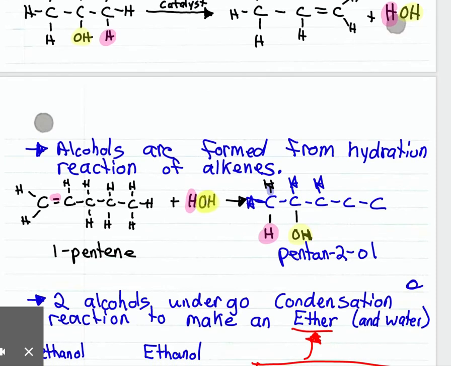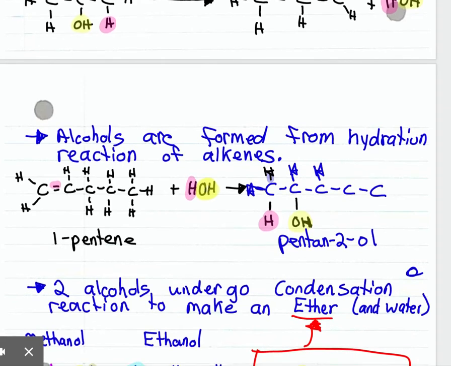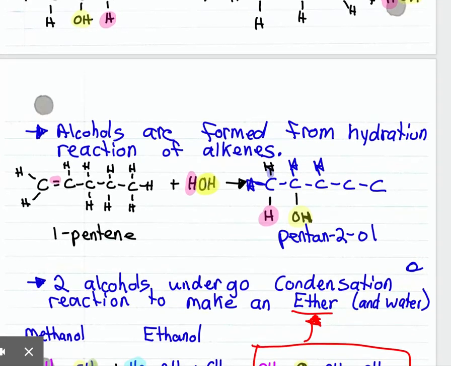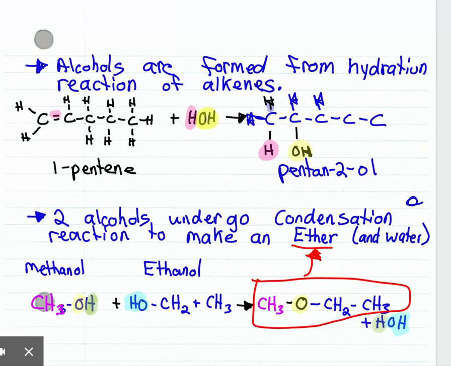So then the last kind of chemical property that is important for alcohols actually leads us into our next organic family, because 2 alcohols can undergo a condensation reaction to make an ether and water.